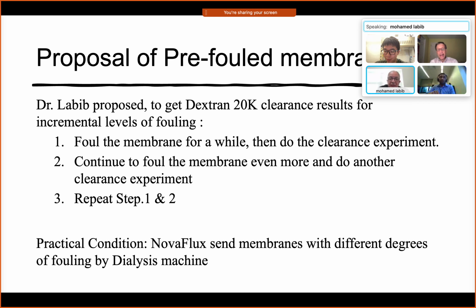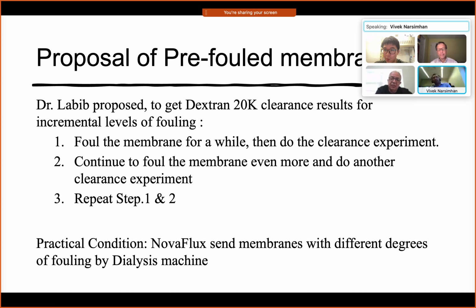Yeah, sure. I think so. So the main idea is you want to do homogeneous membranes, look at the fouling on both sides, try to understand the fouling characteristics on both sides. That's the main thing. And then understand how that alters the clearance, if it does. Most likely it will.